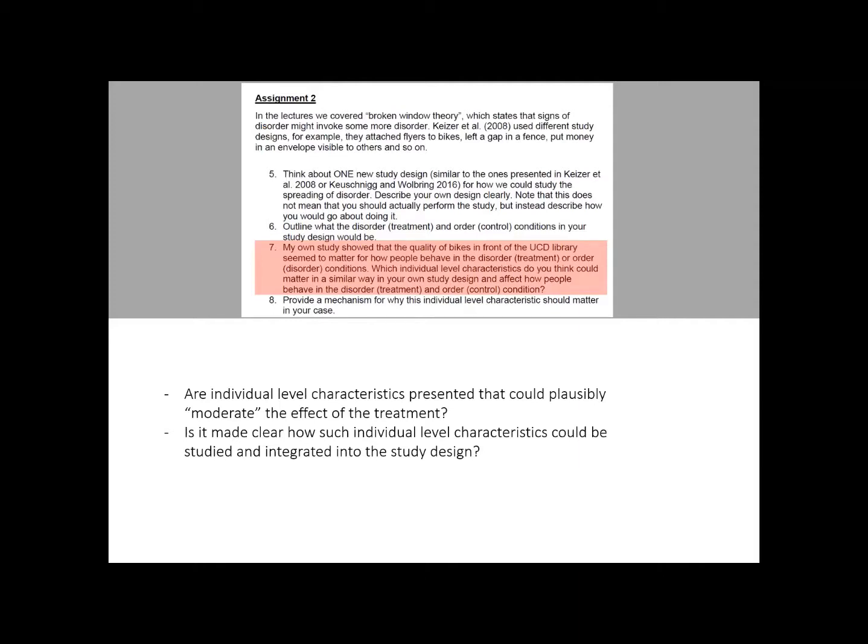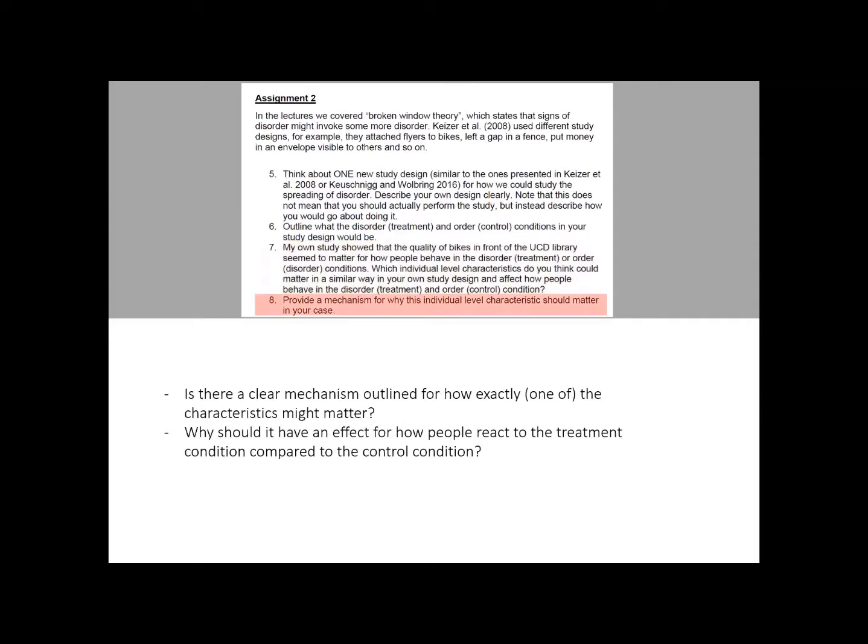It really is very similar to the study that I presented you, where we looked at individual quality of bikes and showed that it actually matters for how people react in the order and in the disorder condition, and whether they throw flyers onto the floor. So I want you to think along similar lines. Lastly, I ask you to provide a mechanism for why these individual characteristics should matter in your case. Give me a rationale.